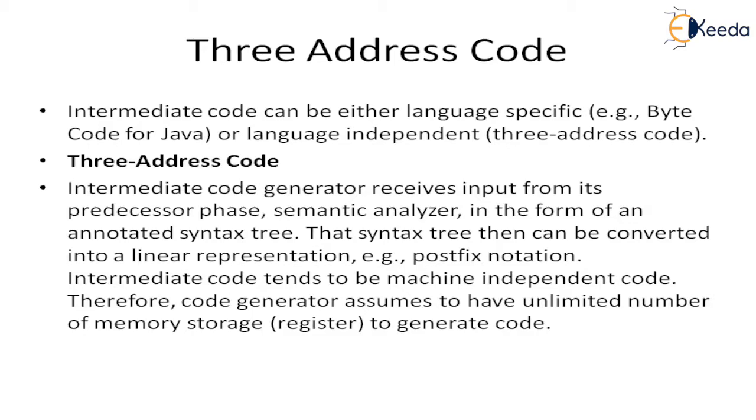That syntax tree is then converted into a linear expression, for example, postfix notation, and then the intermediate code tends to be machine independent code. Therefore, the code generator assumes an unlimited number of memory storage registers to generate the code.